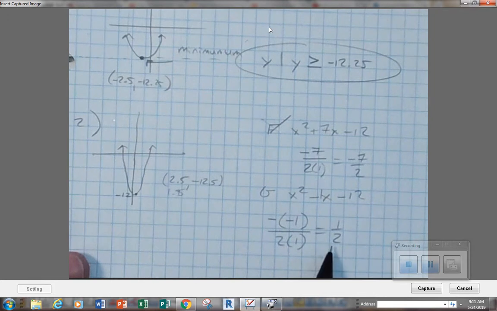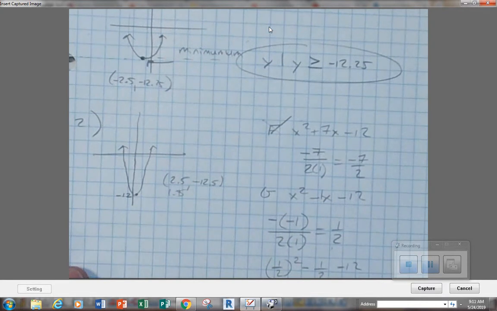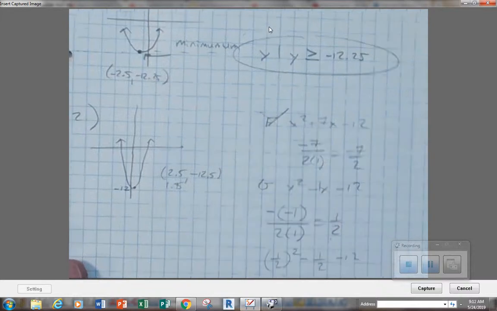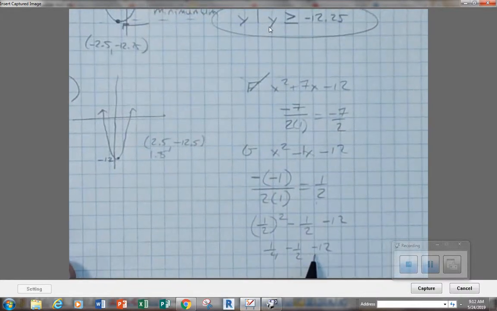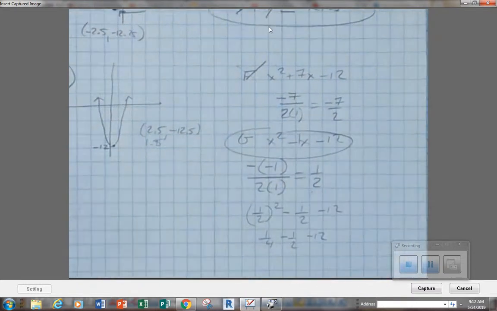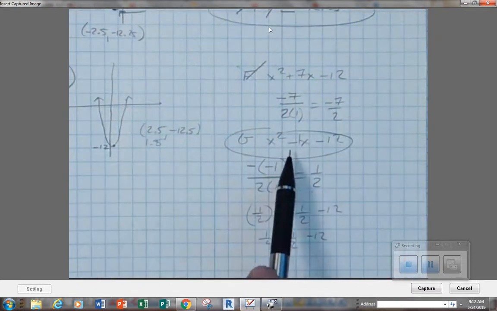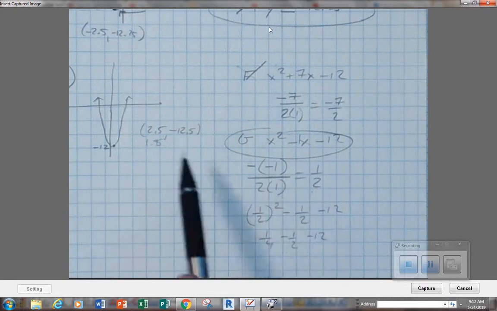And then if I plug that in, that gives me negative 1/4. Again, I could see that is going to give me something around negative 12. So I'm going to keep G on my radar, because using this as b and a gives me something close to that.